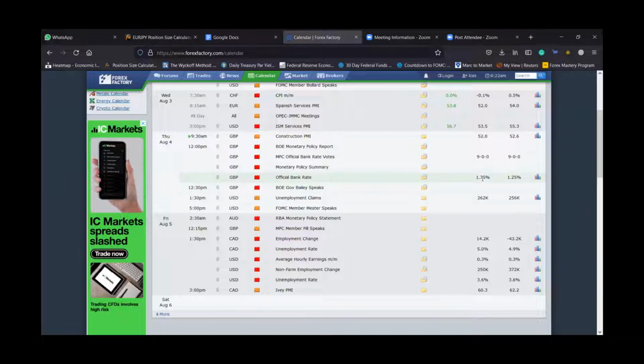The Bank of Canada was the first among the major banks to hike by 100 basis points, so they've raised the bar. Anything less than that, the market is now seeing as bearish for the currency.